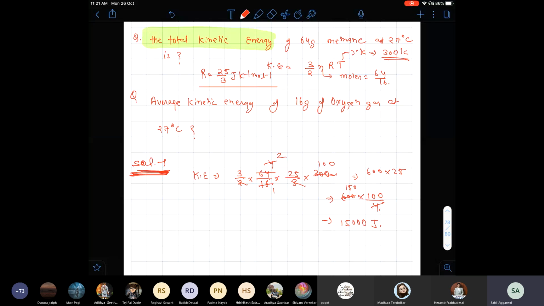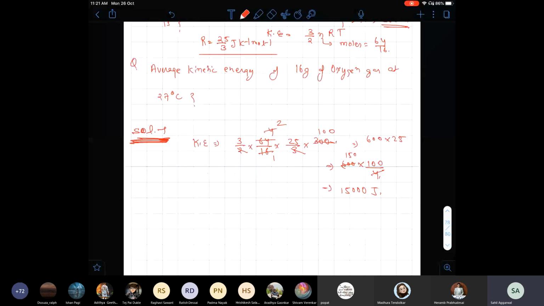What will be the formula for the second one, Madhura? 3 by 2 kT. And the K value we already know.